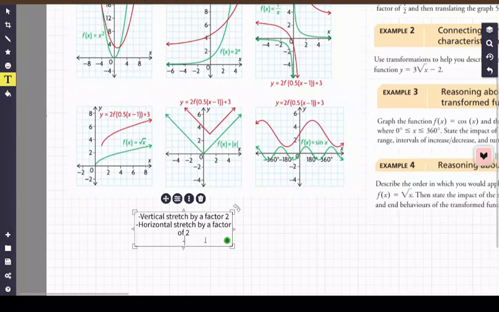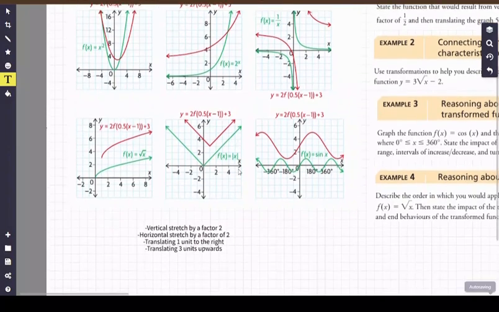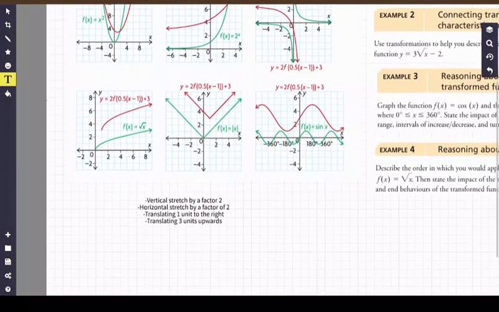And then we are moving negative x minus 1, so we're translating 1 unit to the right, while also translating 3 units upwards. So these are the transformations, and we basically apply them to each of the functions.